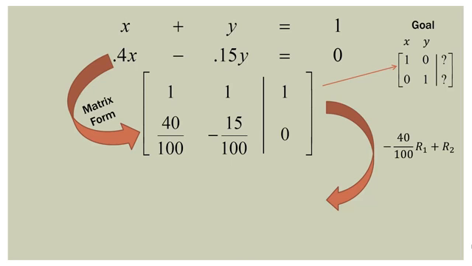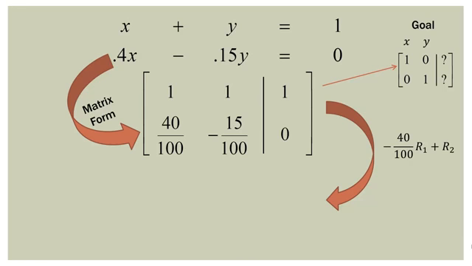So negative 40 over 100 times row 1. So basically I would have negative 40 over 100 across the entire top row. But we're not writing that down. We're doing it in our head. So negative 40 over 100 times row 1, and then we're going to add that to row 2, and then put the answer in row 2.